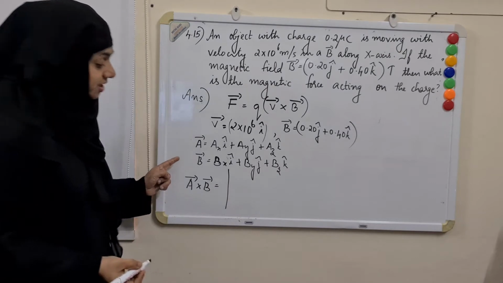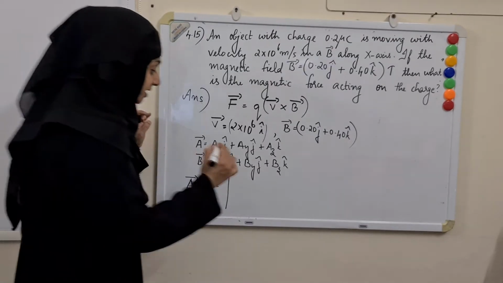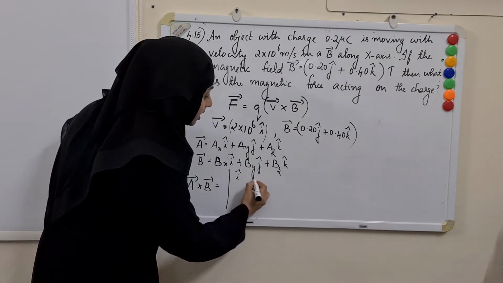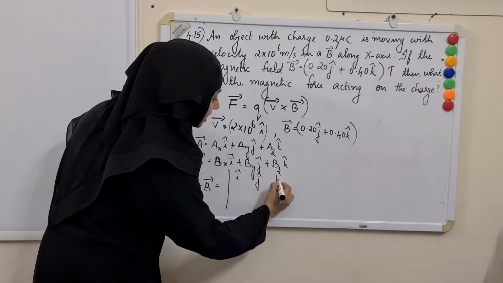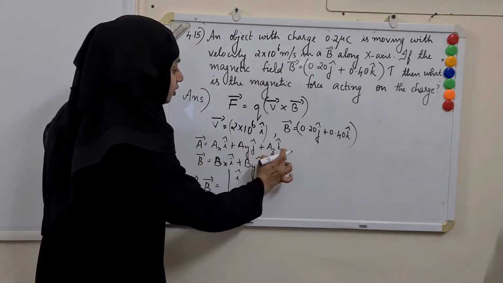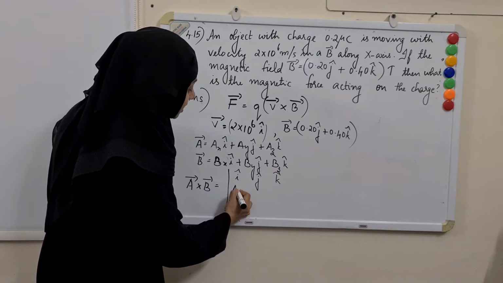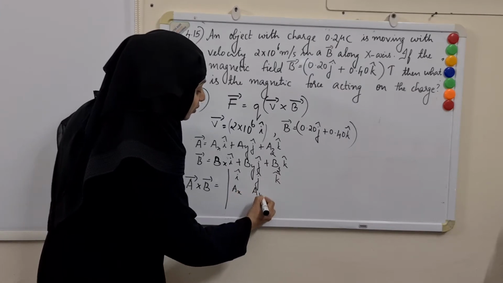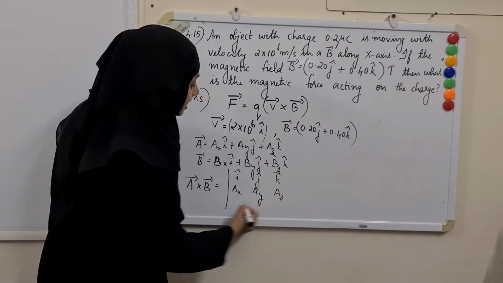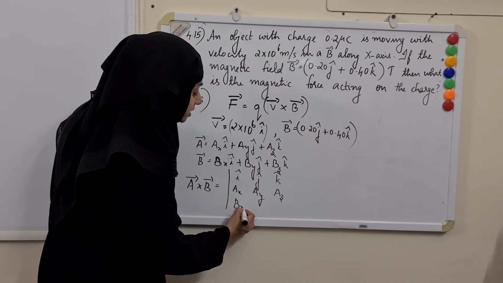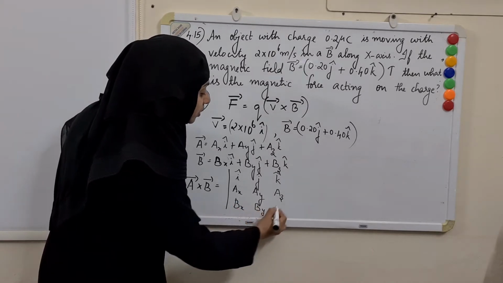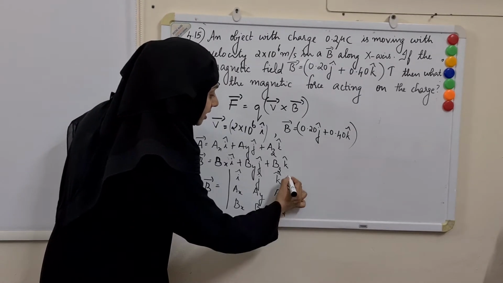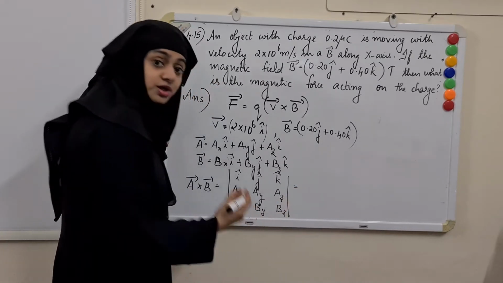You will have to take a determinant, and in the first row you have to give i, j, k, in the second row the coefficients of A, which are Ax, Ay, Az, and in the third row you will have to represent Bx, By, Bz. And the determinant, you already know how to find.